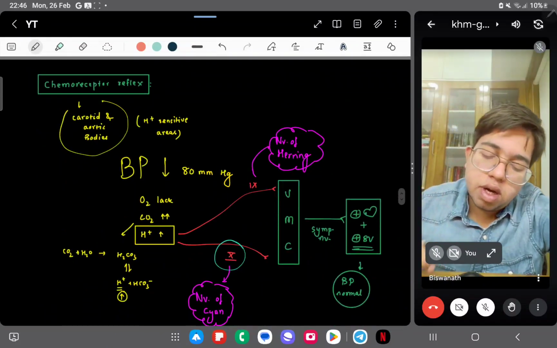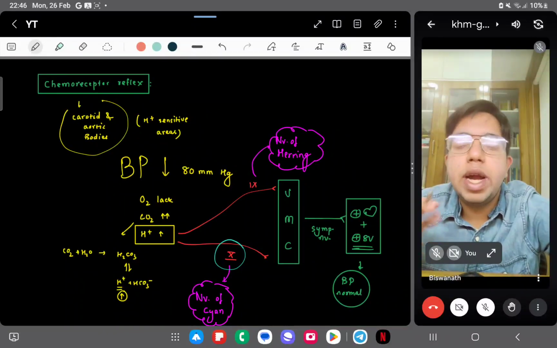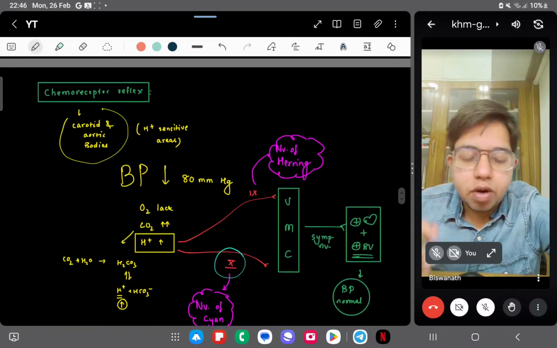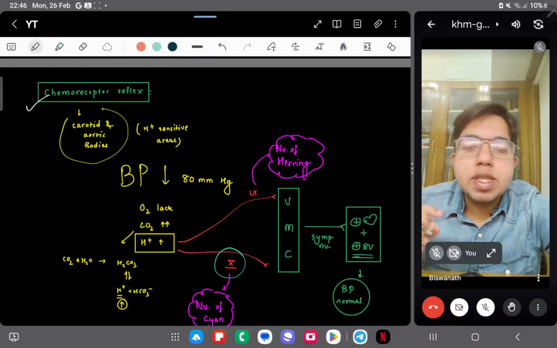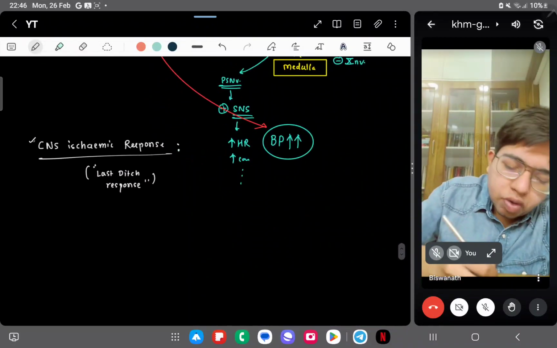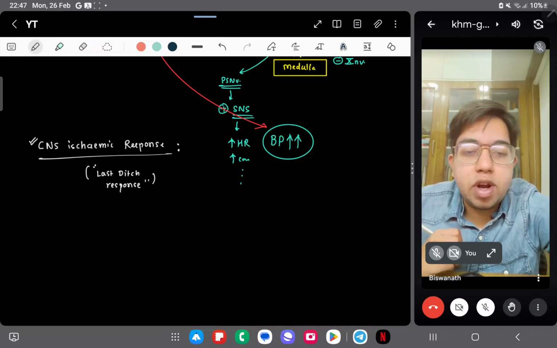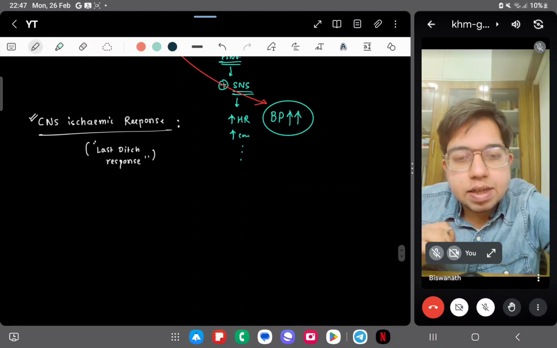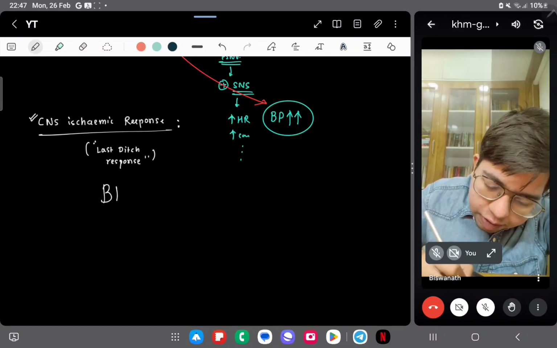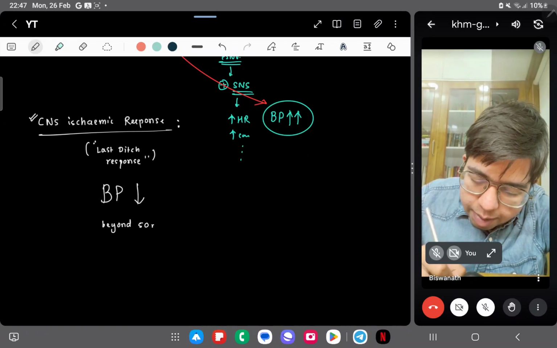Let's assume that BP fell even more, to 80 and beyond. Then the chemoreceptor will do its job. If even the chemoreceptor fails, then this one comes into action, the last ditch or last resort to fight the fall in BP. This is the CNS ischemic response. If the BP falls, it will work beyond 50 mmHg.